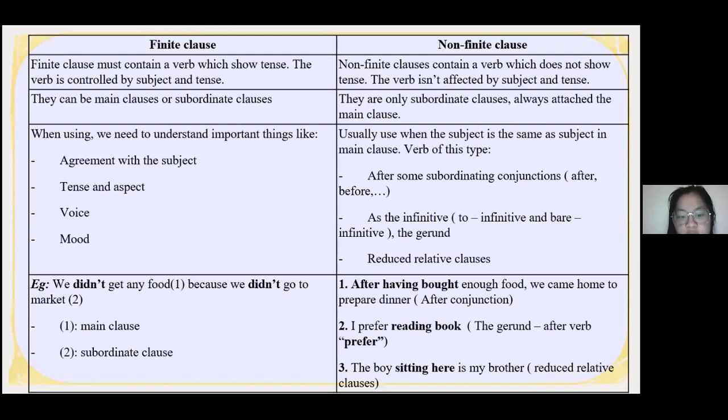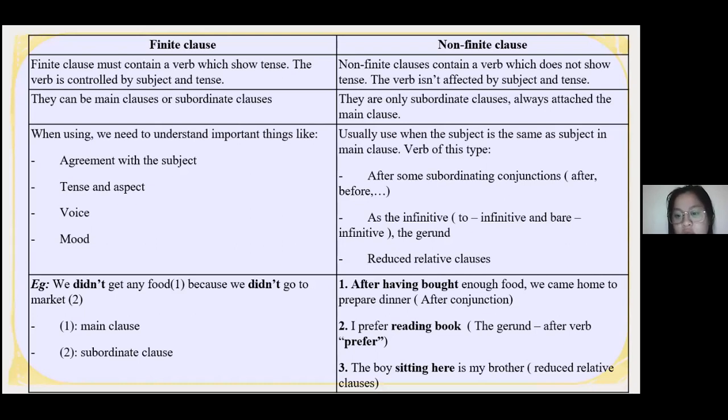You know that the center of a clause is the verbal group, so to distinguish between the two kinds of clause, we need to consider what type of verb is in the clause. The first difference is that a finite clause must contain a verb with tense, and this verb is controlled by subject and tense.